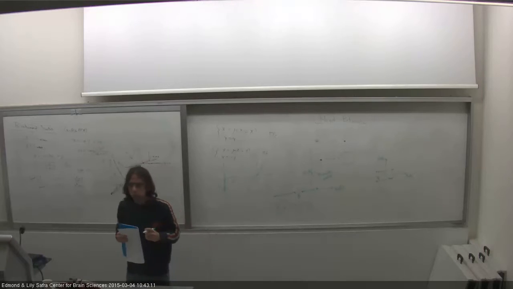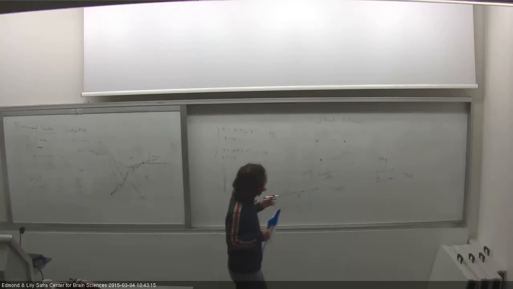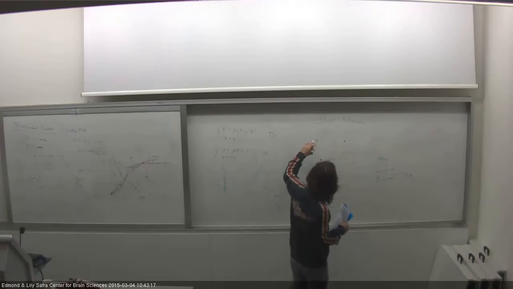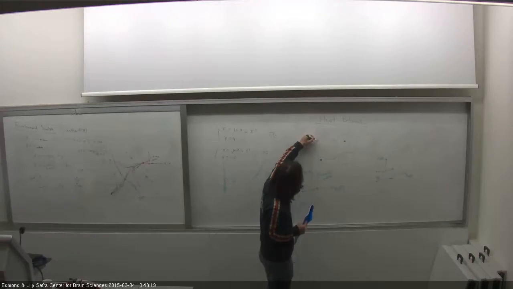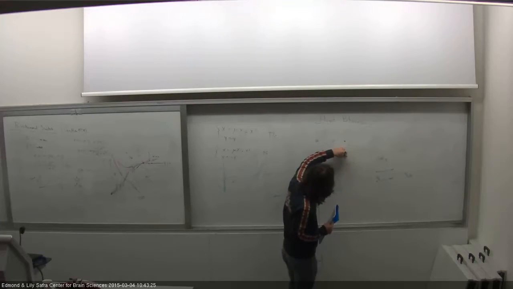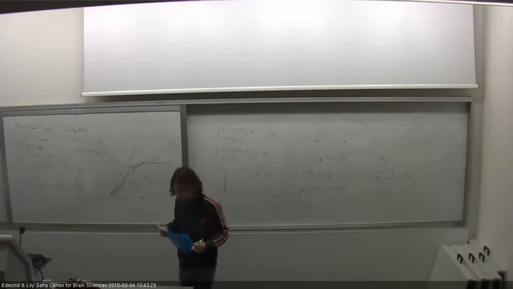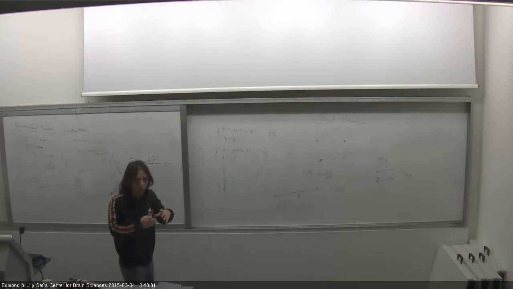So the fixed point will lose its stability. Here, this was a stable spiral. When it loses its stability, it becomes an unstable spiral. And then we have also a limit cycle around it.